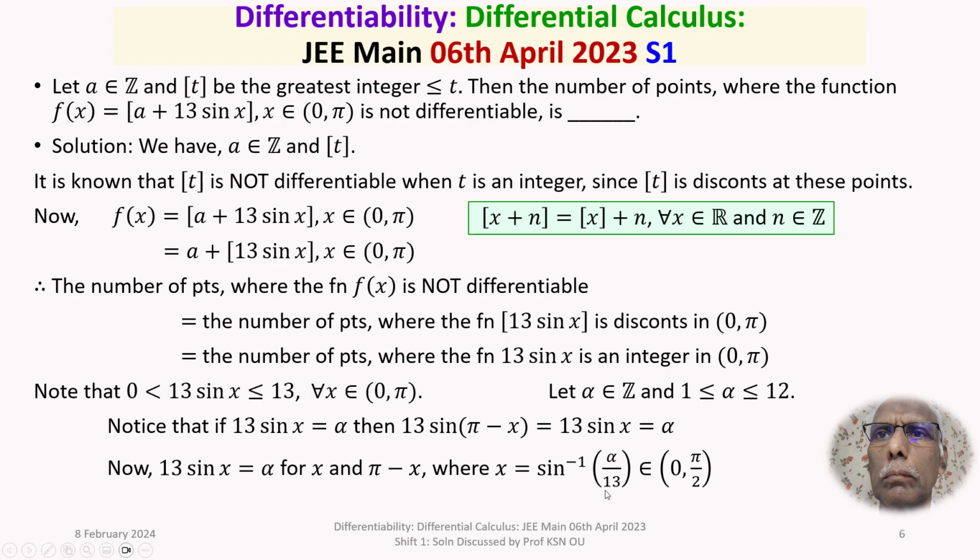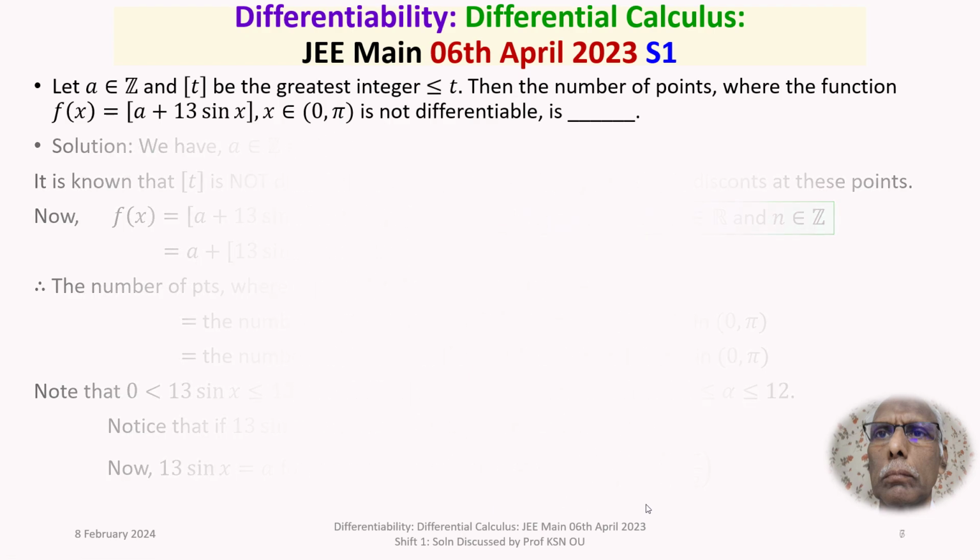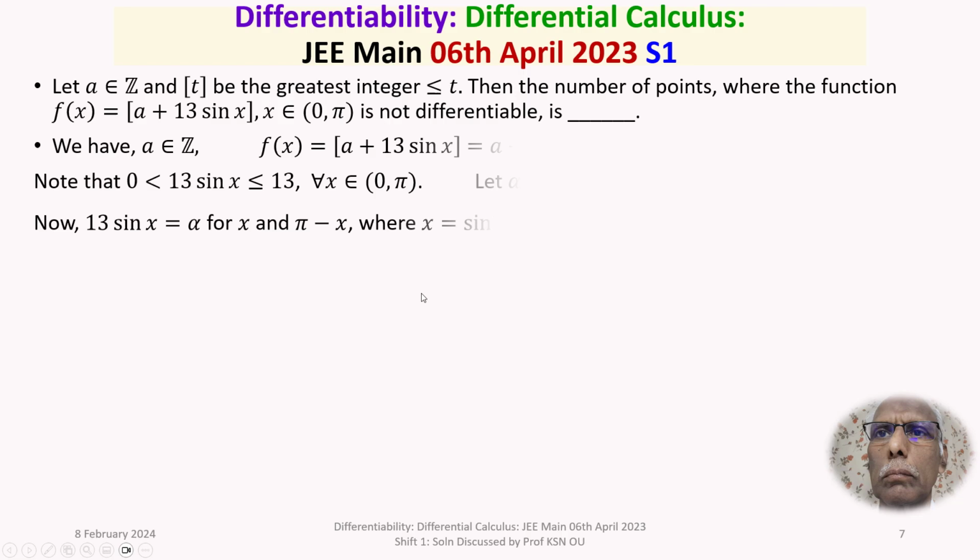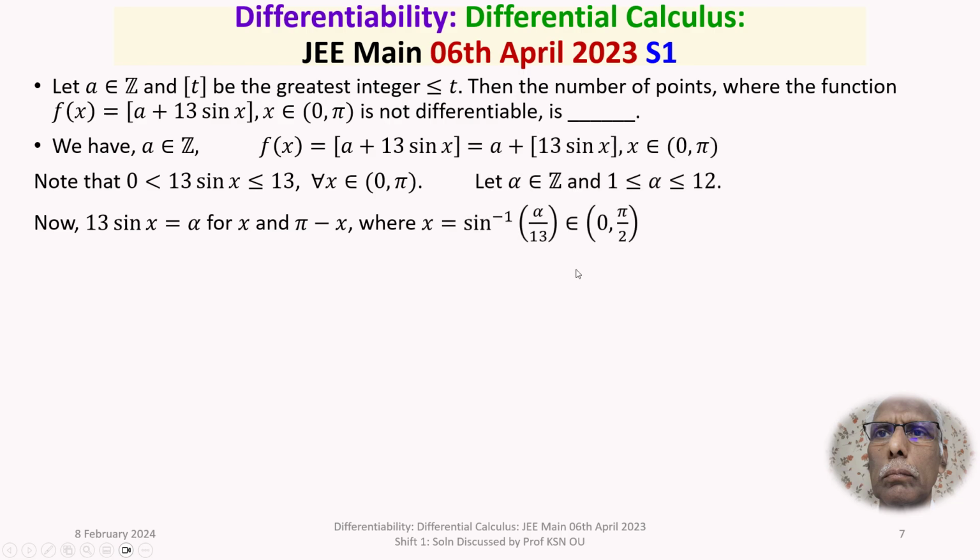So in total you are getting 12 before pi by 2 and 12 after pi by 2 up to pi. So in total you are getting 24 points at which 13 sin x takes integer values.